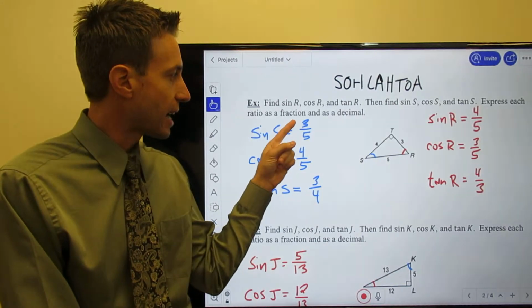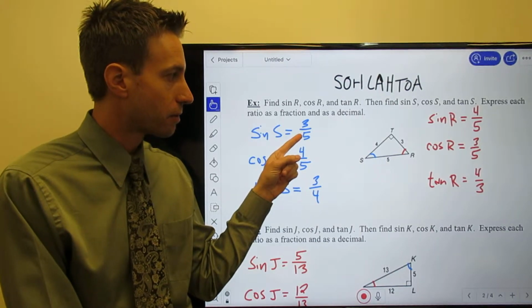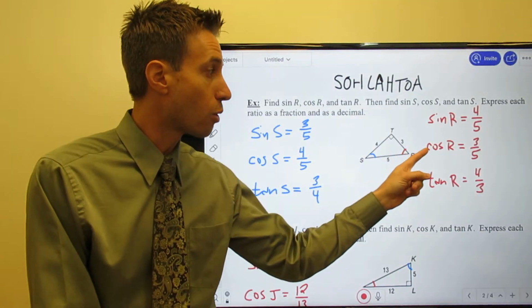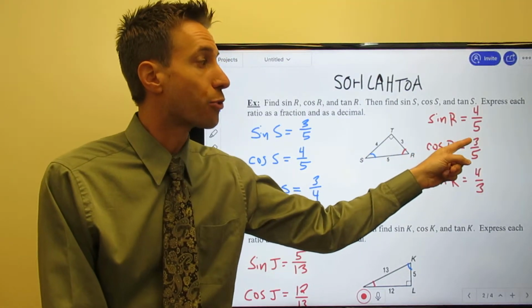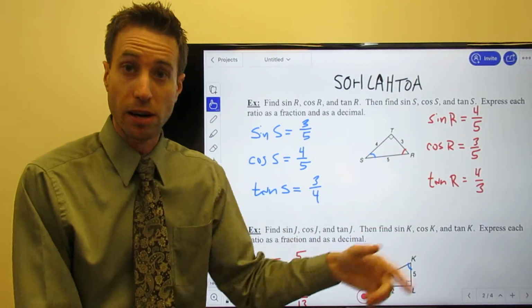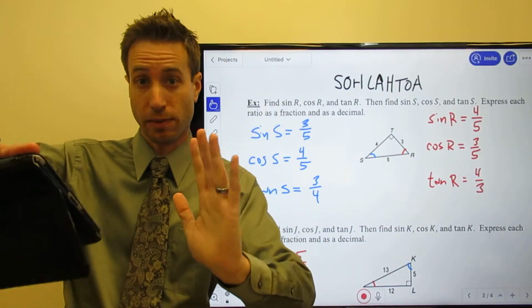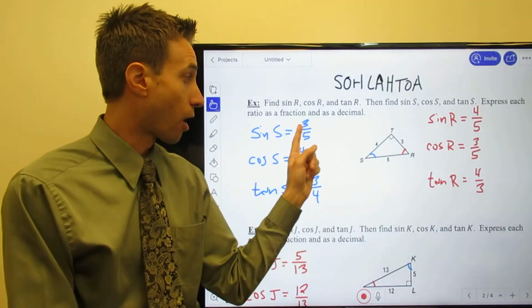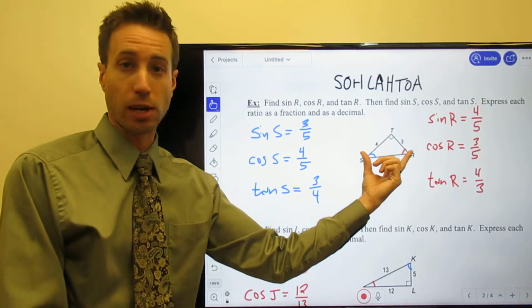Please notice that sine S is 3 over 5. But when I do cosine of R, 3 over 5, right? So these guys are the same ratio, just for different angles. This is the sine of S, this is the cosine of R.